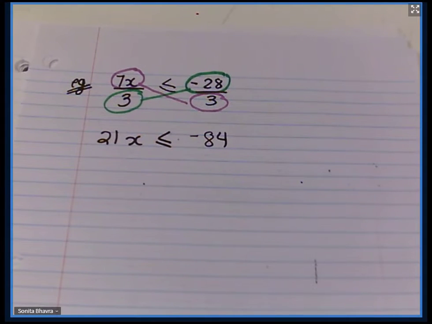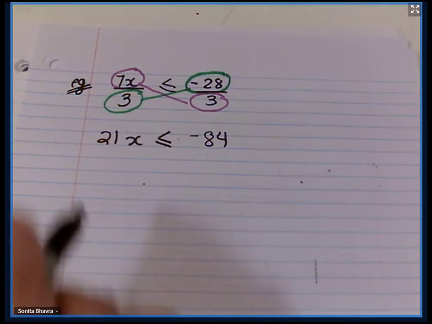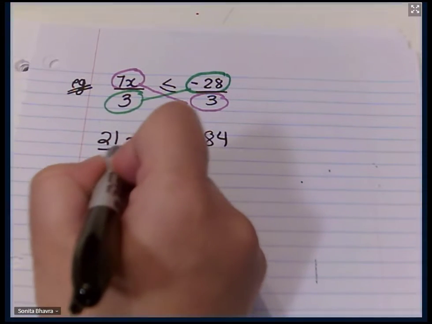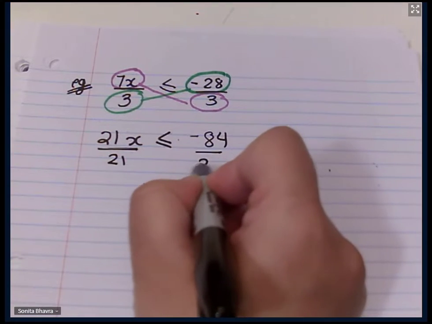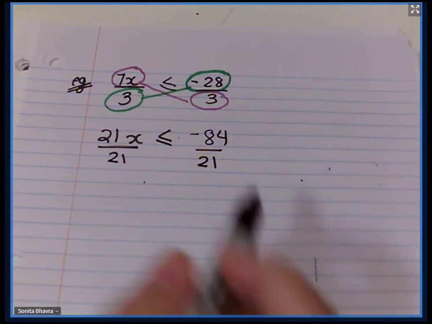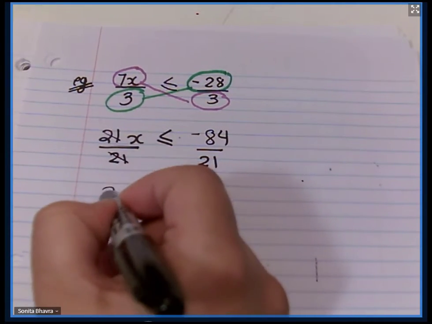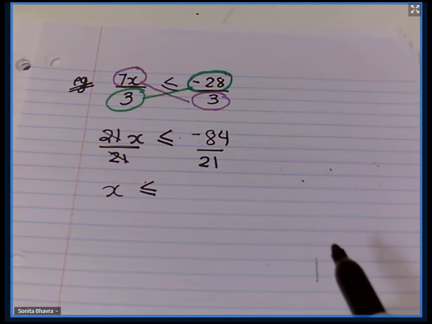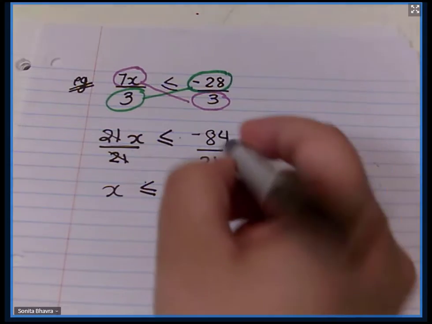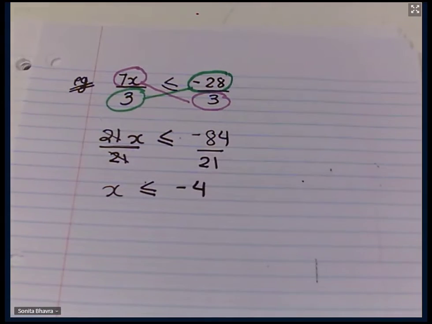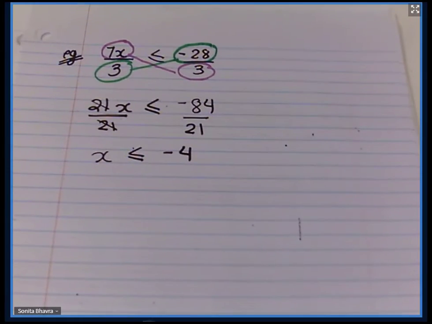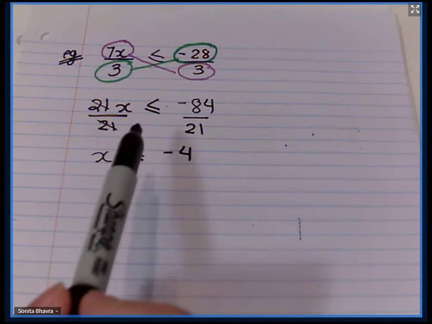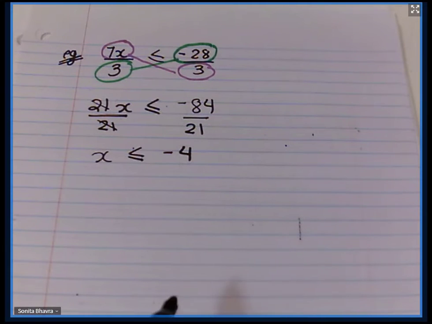All right, and our last step here to solve for x would be to divide by 21. And we end up with x is less than and equal to negative 4. All right, we did not divide by a negative number, so our sign just stayed the same.